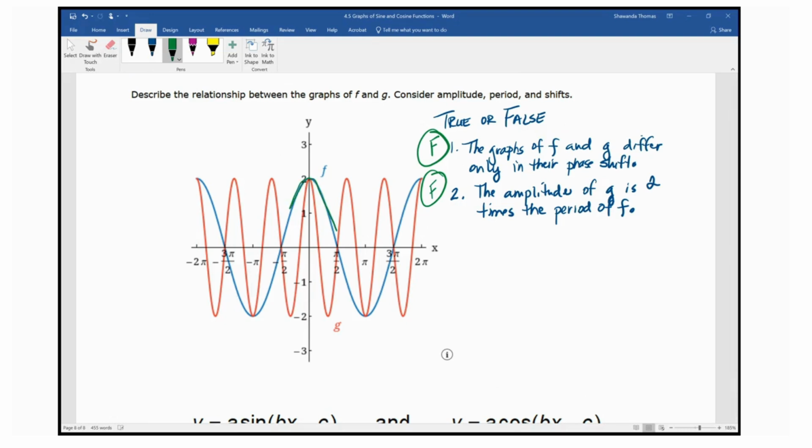Y'all know what I mean? It's up here like this, where sine does this. So from here to here looks like one period. Yeah, you're right. That is 2 pi.